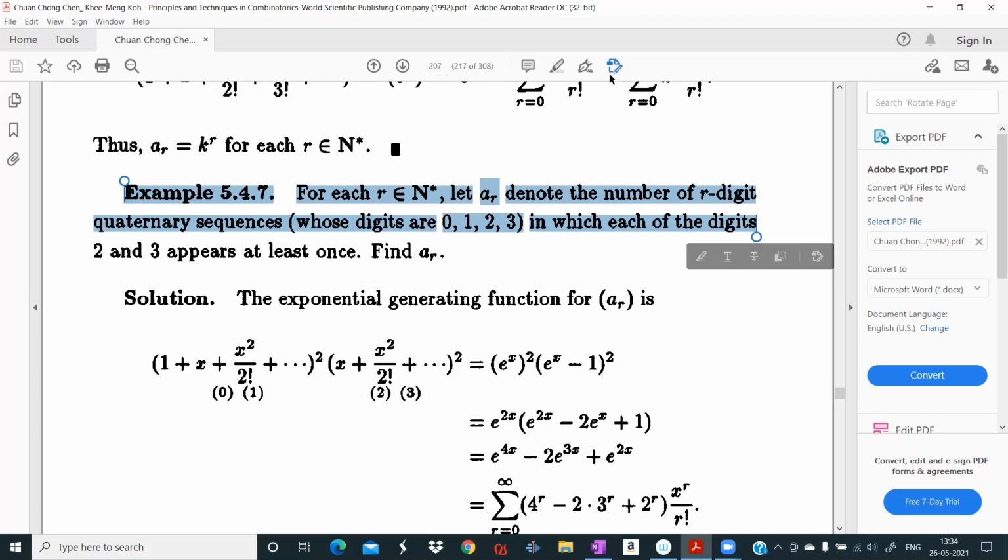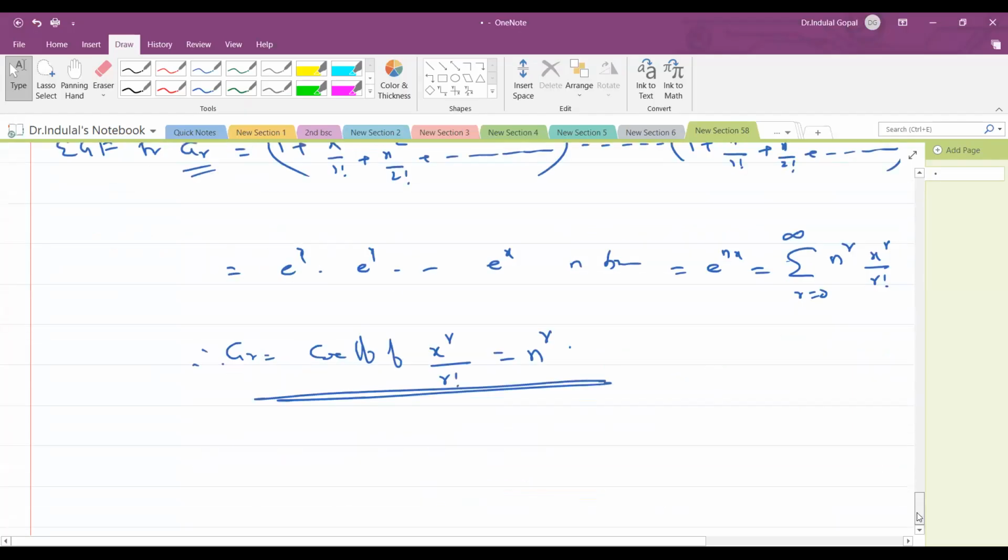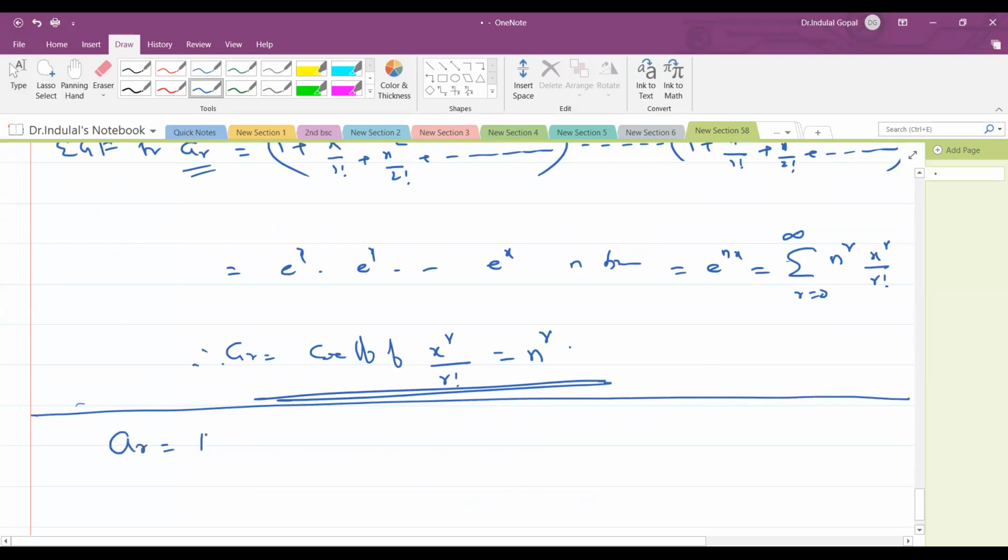So A_r is the total number of r-digit quaternary sequences in which the symbols 2 and 3 appear at least once.